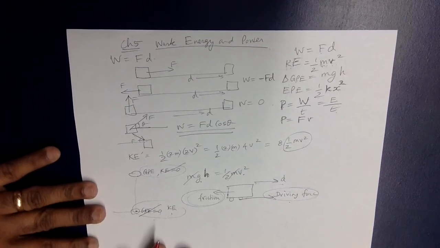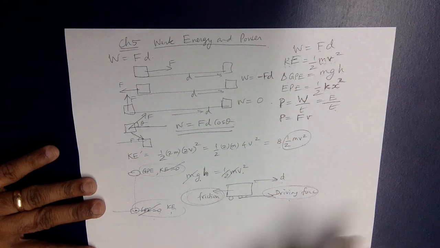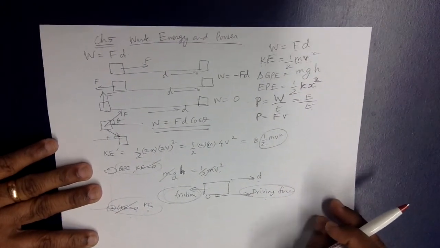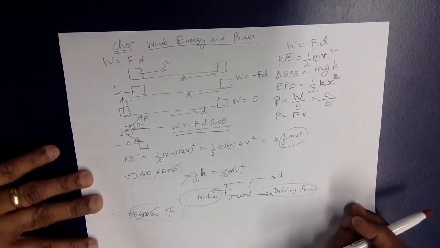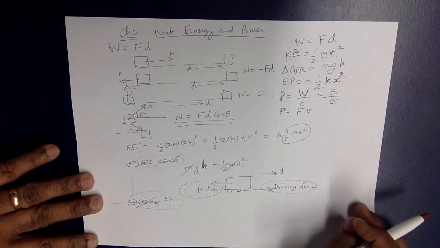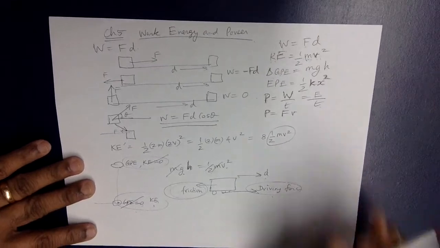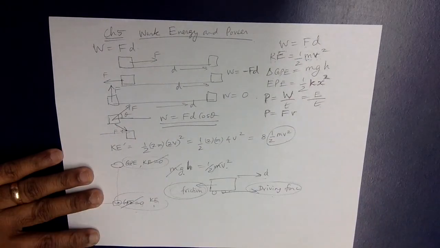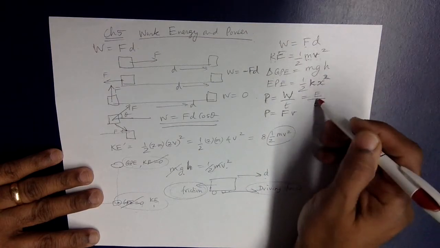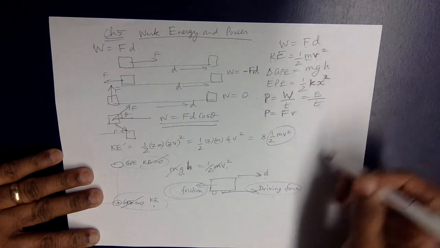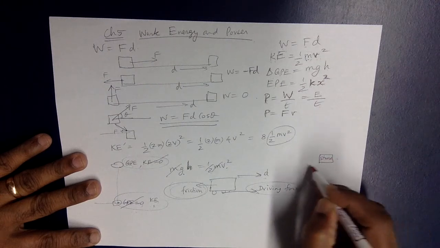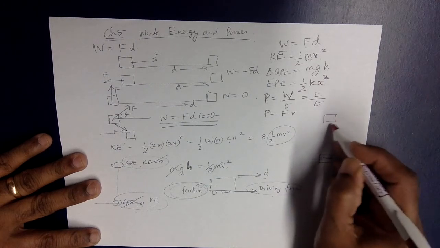The other variations of the questions, let's see. Power. Power is work over time, and work is any of this. Energy is any of these. So imagine if there's a stone here, and the stone has to be taken up to here.